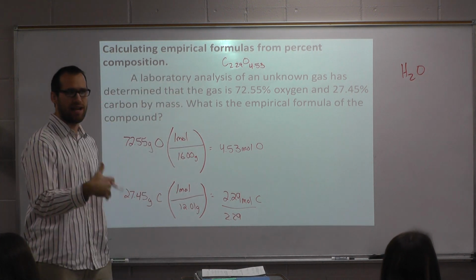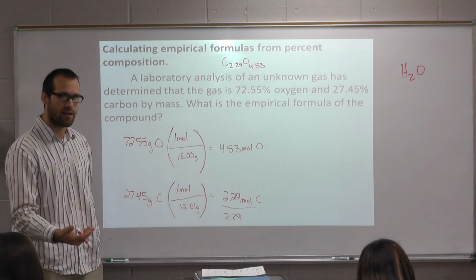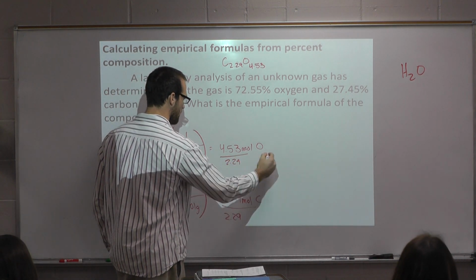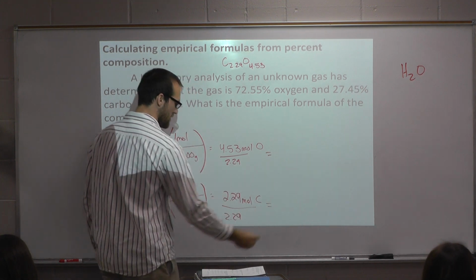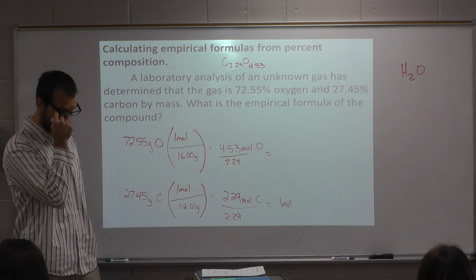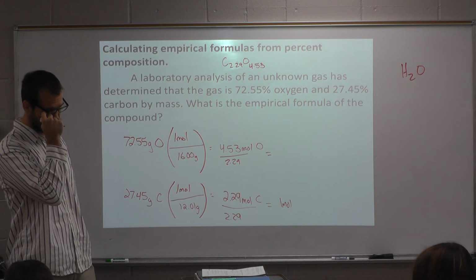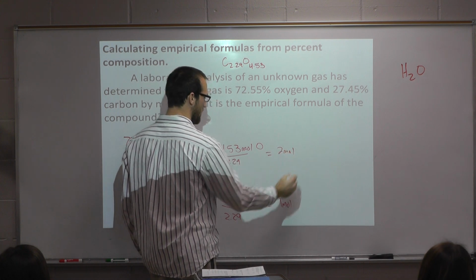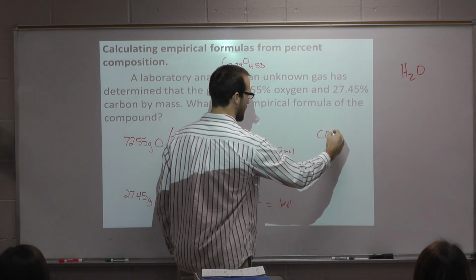To maintain the ratio, what would I have to do to the other one? Divide by 2.29. So we know this is going to be 1. What's the other one going to be? 1.978, which is approximately what? 2. We found our empirical formula, boys and girls.